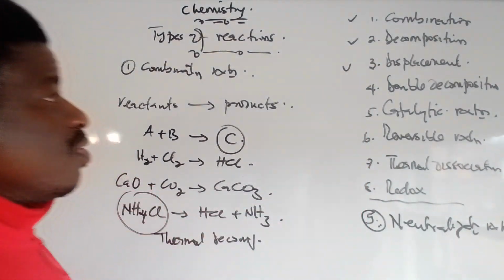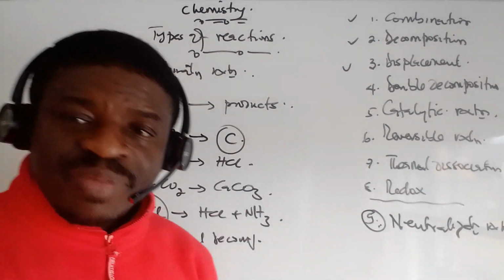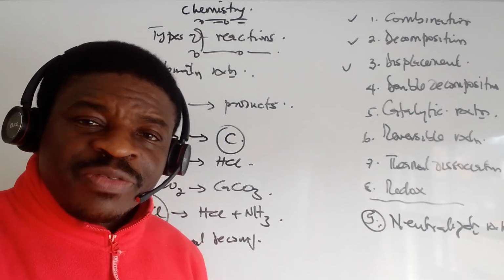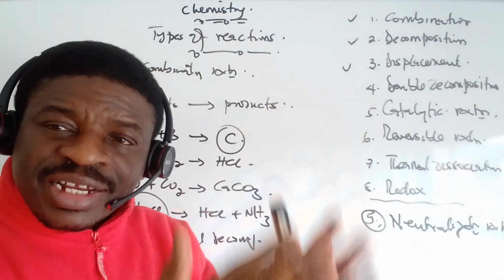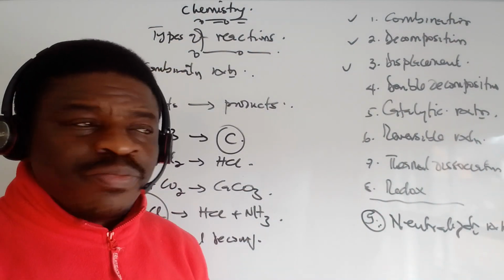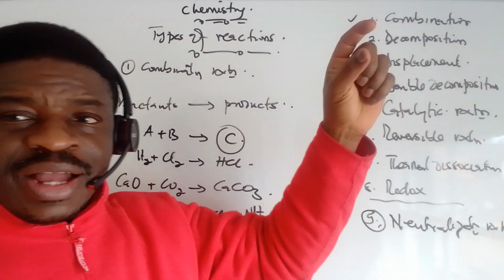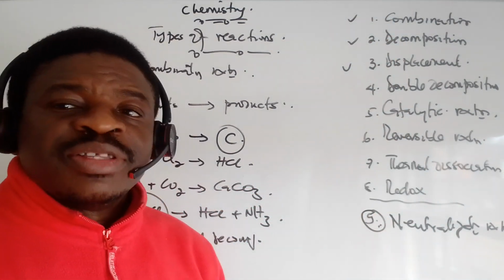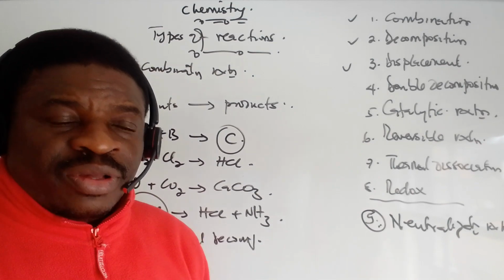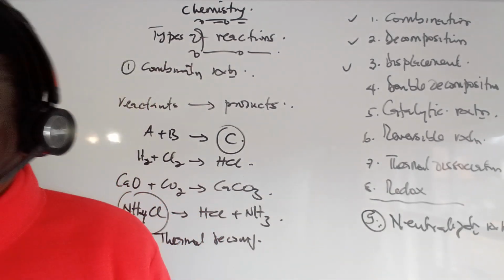Then the next one we want to talk about is displacement. In displacement reaction, you have to understand the electrochemical series, because the one that is stronger in the electrochemical series will displace the one that is less strong.